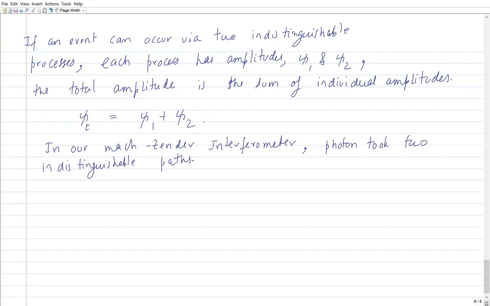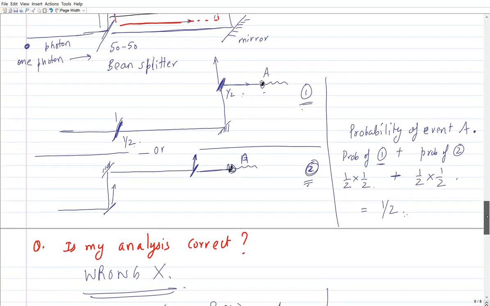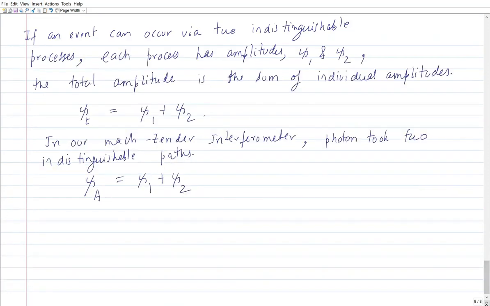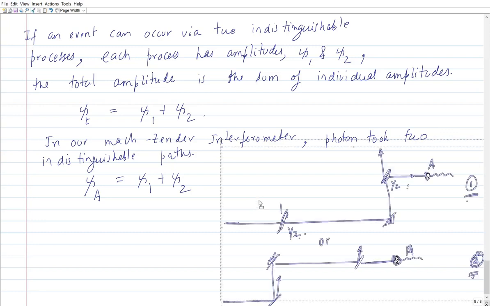And hence we added the probability amplitude, which is a complex number, of detection at A, to be the sum of both of them. So again, if I can draw them over here.